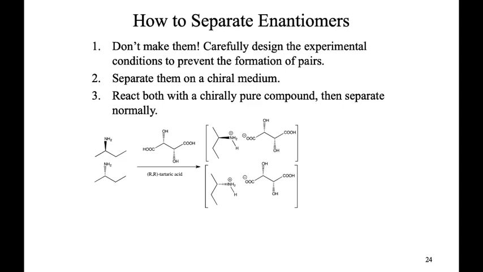The next one is similar to 2, except it's a little bit more reactionary. We're going to react both with a chirally pure compound, and then I can separate normally. Well, why? So here's my enantiomers. Here's my pure compound. What is the relationship between those products? Anybody want to say they're enantiomers?